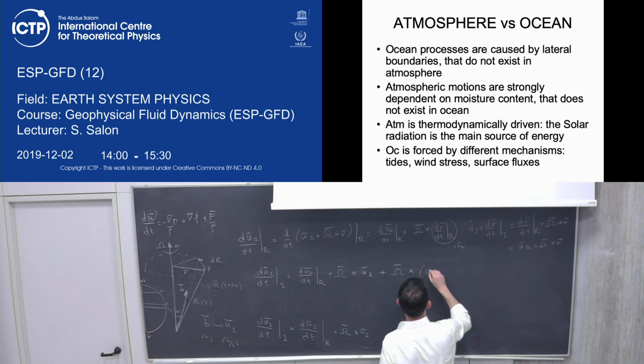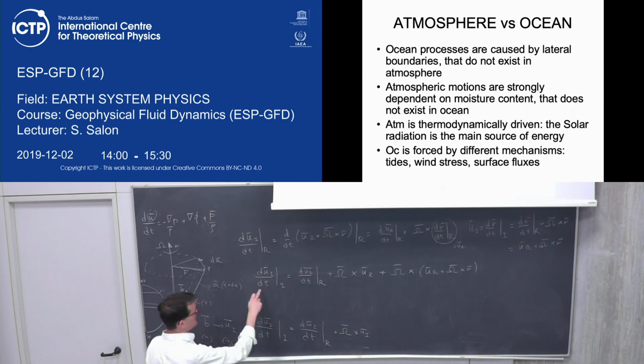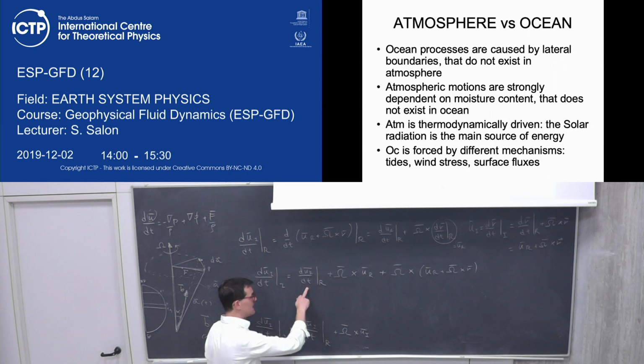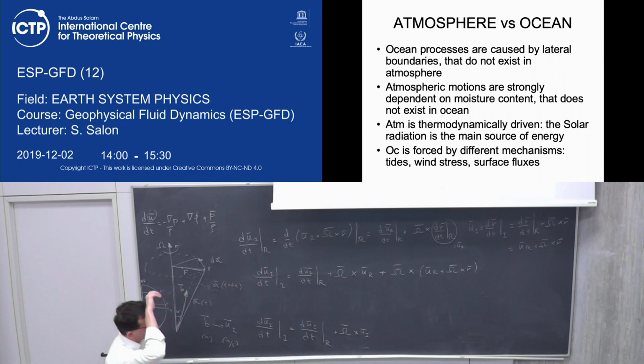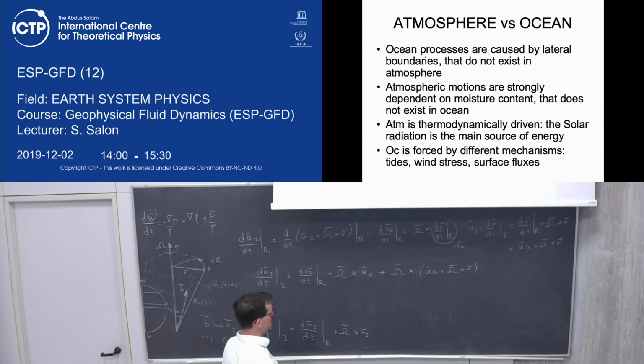plus another vectorial product. So now we are expressing how much is the time derivative of the velocity in the inertial frame of reference with respect to the acceleration, or time derivative of velocity, in the rotating frame of reference, and we are considering these new terms here.